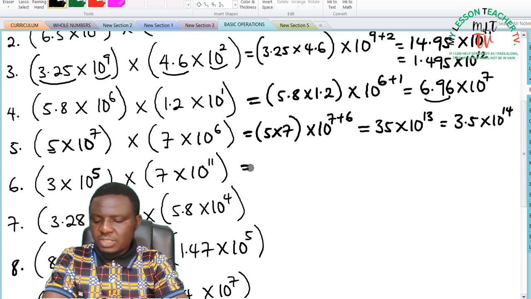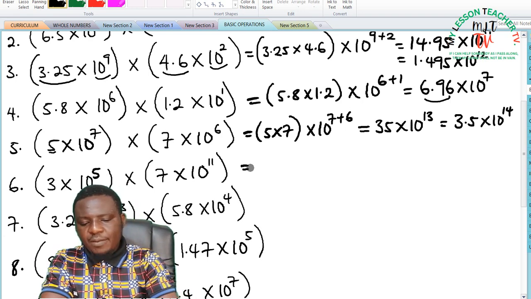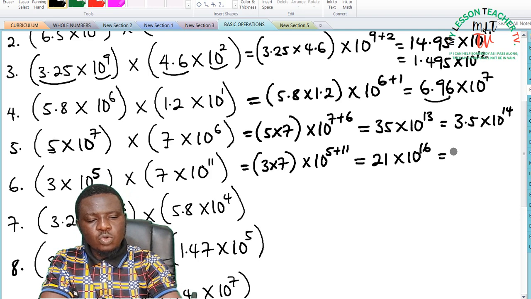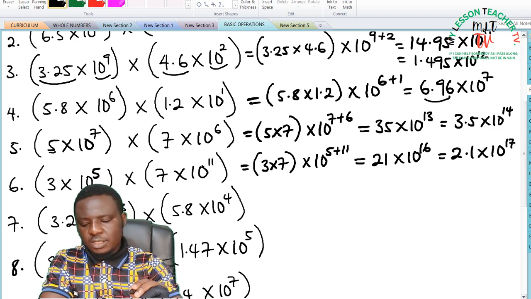Question number 6, we have to multiply 3 times 7 times 10 raised to the power of 5 plus 11. This is equal to 3 times 7 is 21 times 10 raised to the power of 16, which is equal to 2.1 times 10 raised to the power of 17.